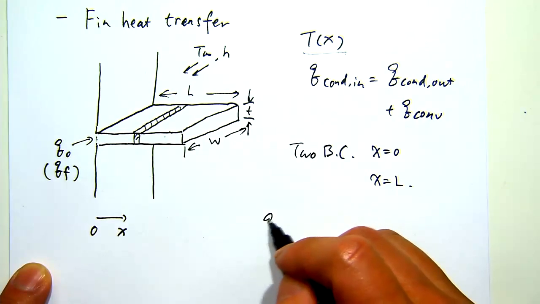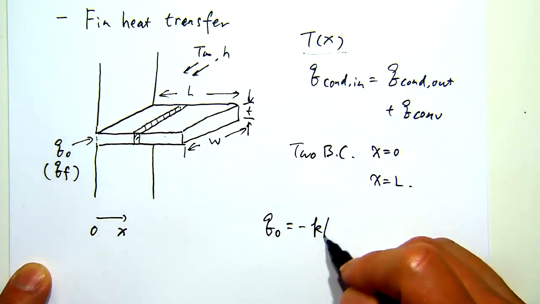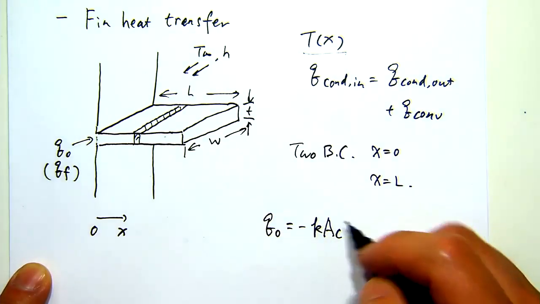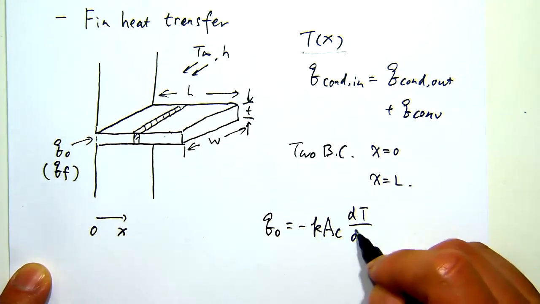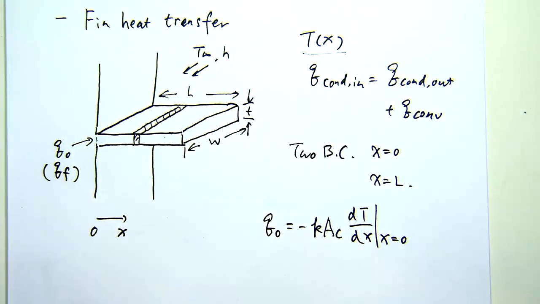So you have the Q0, which equals minus K A, cross-section area, and then dT/dx at x equals 0. So basically, you know the temperature distribution, and Fourier's law tells you how to connect the temperature gradient with the heat transfer rate, and you evaluate it at the location that you want to know.